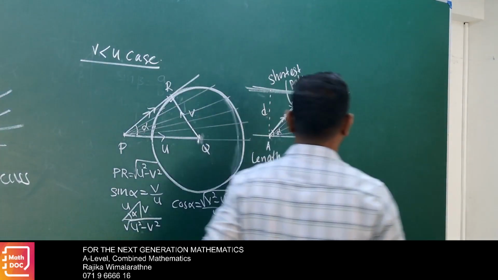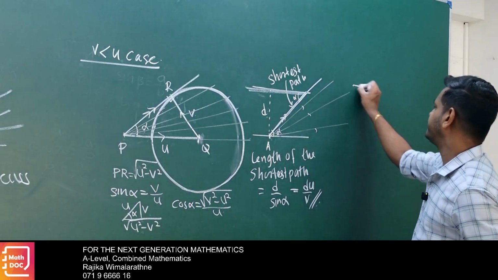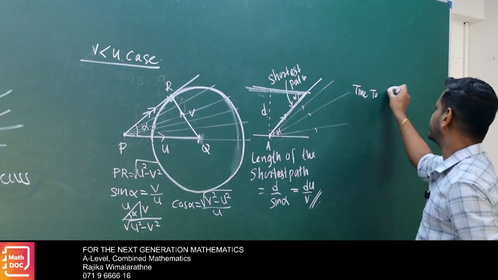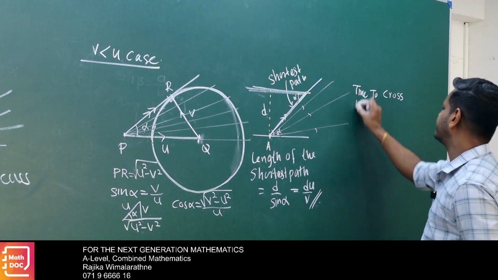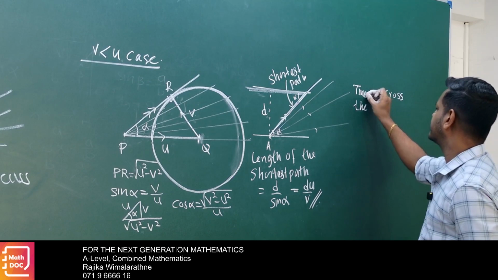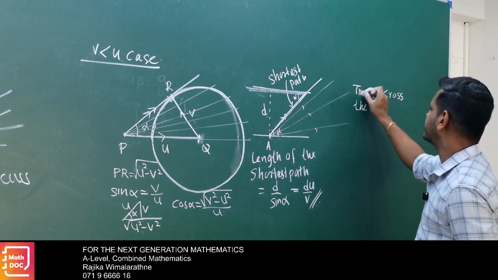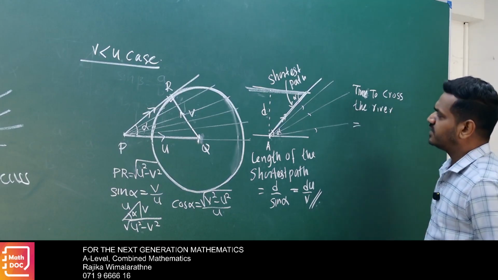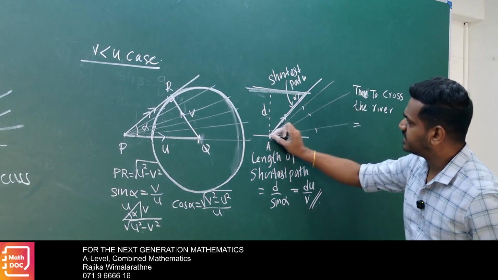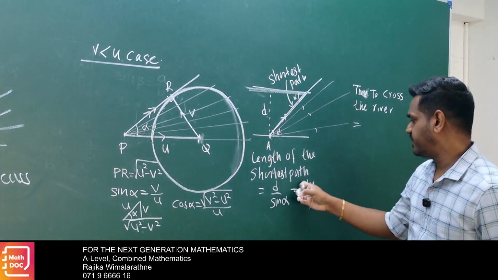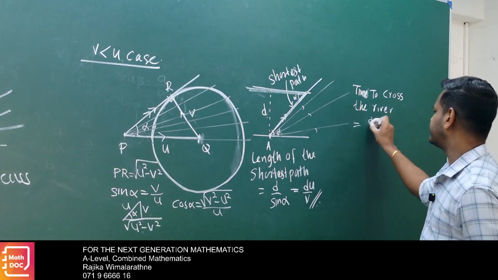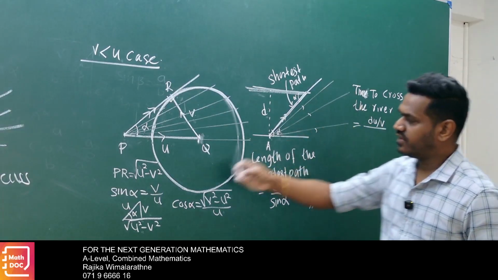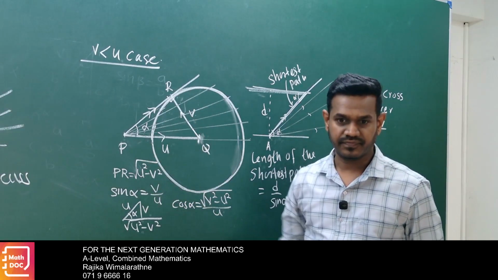Then at the same time, let's find the time to cross the river. Then you can take this length, that is DU divided by V. So along this path the velocity is PR, no?